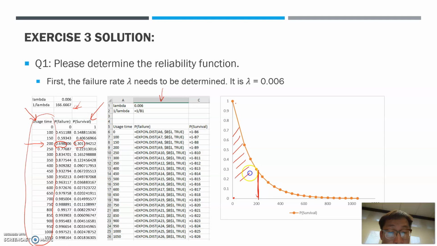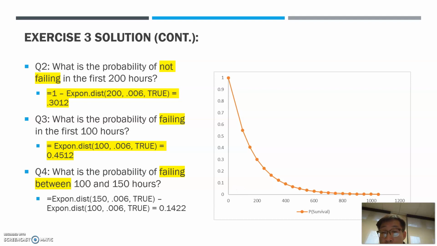Here, this area is provided by this particular formula, and this area is provided by 1 minus the previous area. So that is the first one, and with that you can easily calculate all these probabilities.